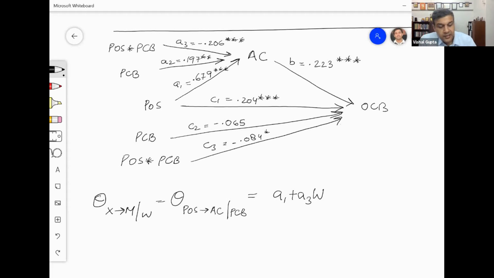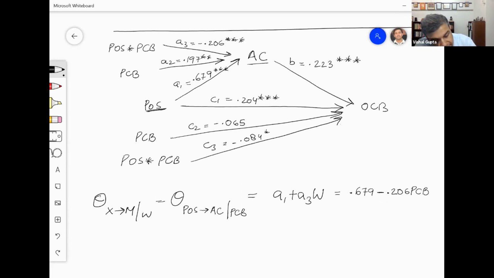So this is the effect of POS, the antecedent, to the mediator. It is given by A1 plus A3W, which is given by 0.679 plus minus 0.206 times PCB.